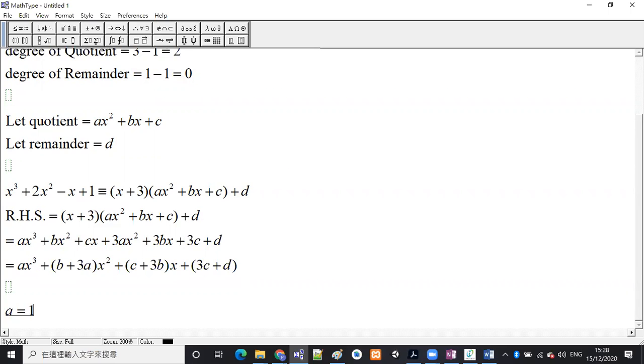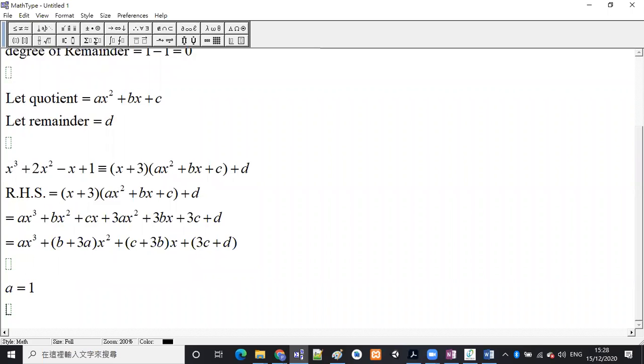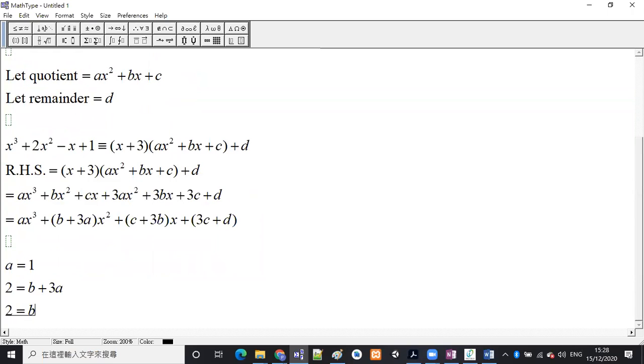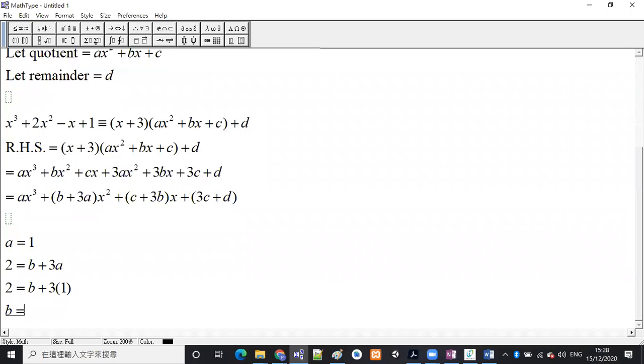Okay? And when we compare the x squared term, on the left hand side, we have 2. And on the right hand side, we have b plus 3a. But we have already found the value of a to be 1. So b should be equal to -1. It can be easily calculated.